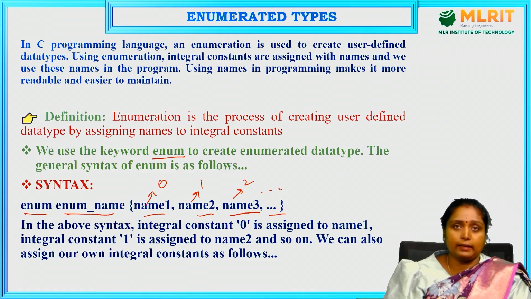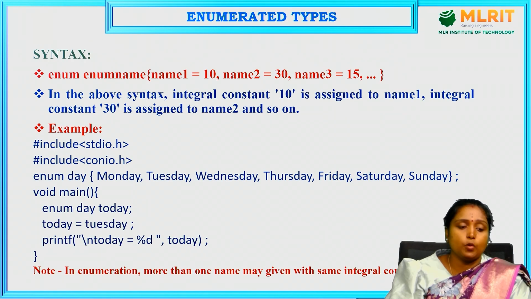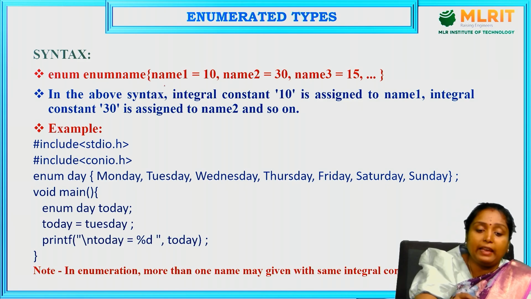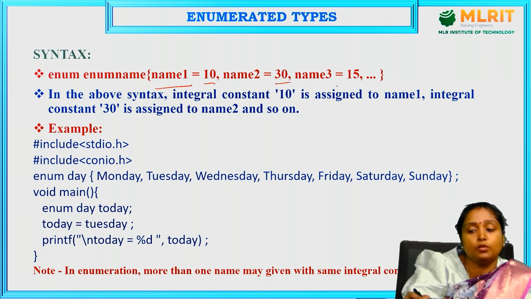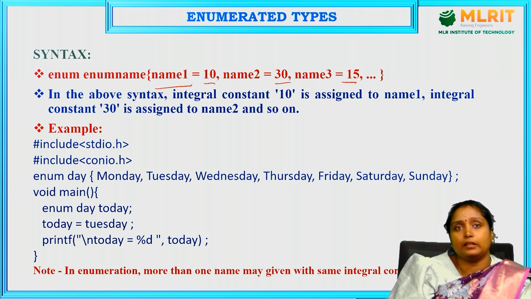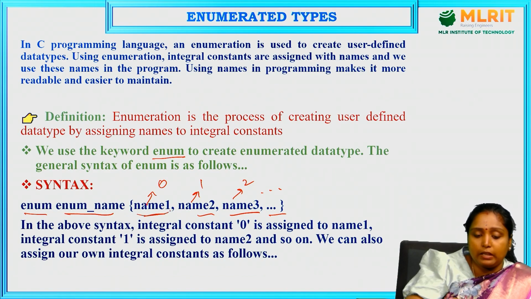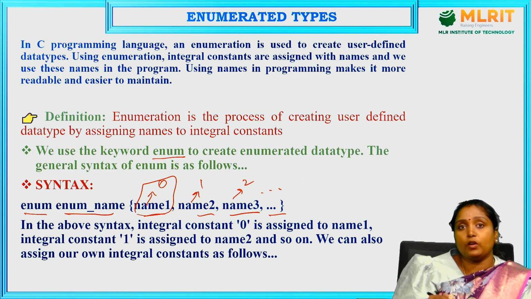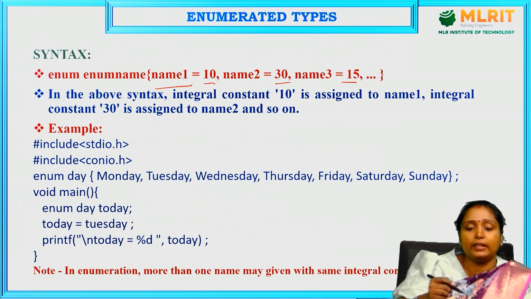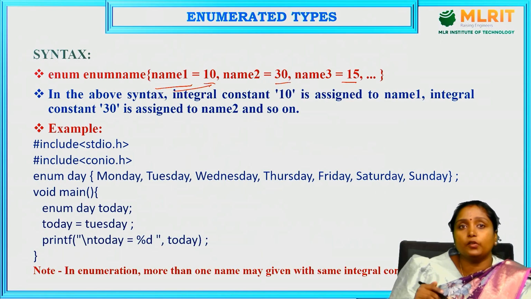I can also specifically give the values: instead of name 1 being 0 by default, we can have it as 10. So we can give our own.